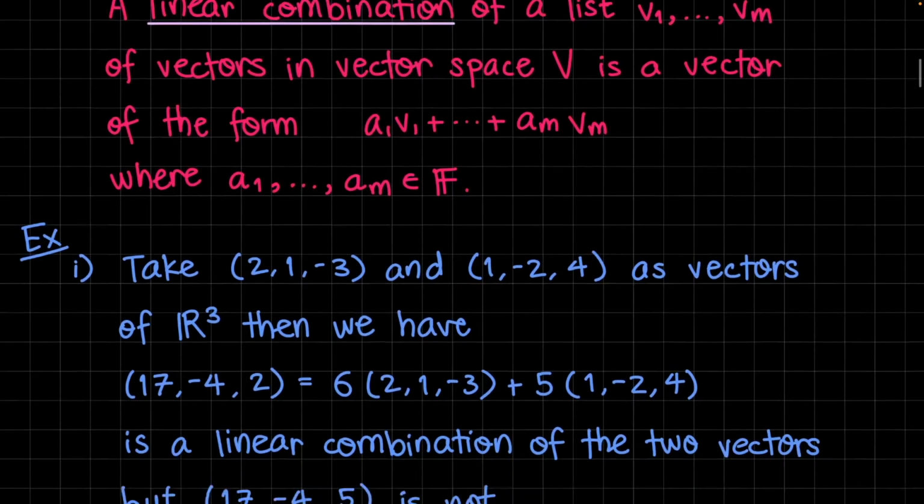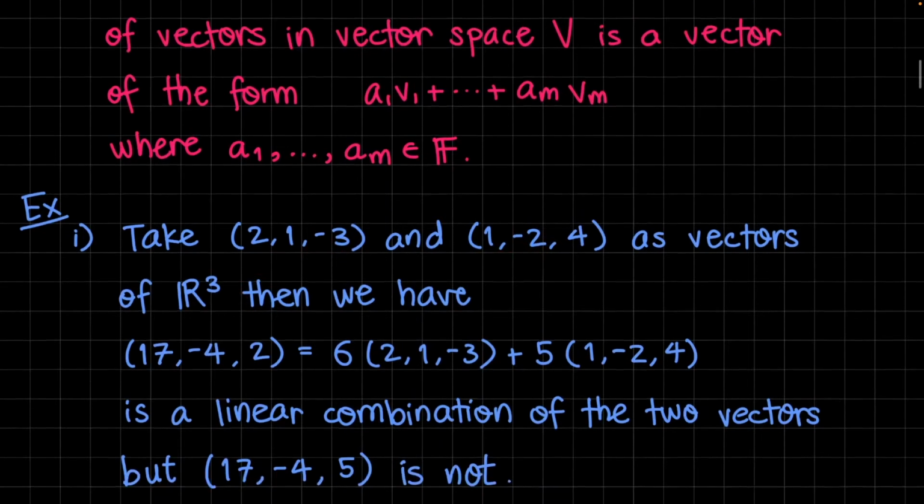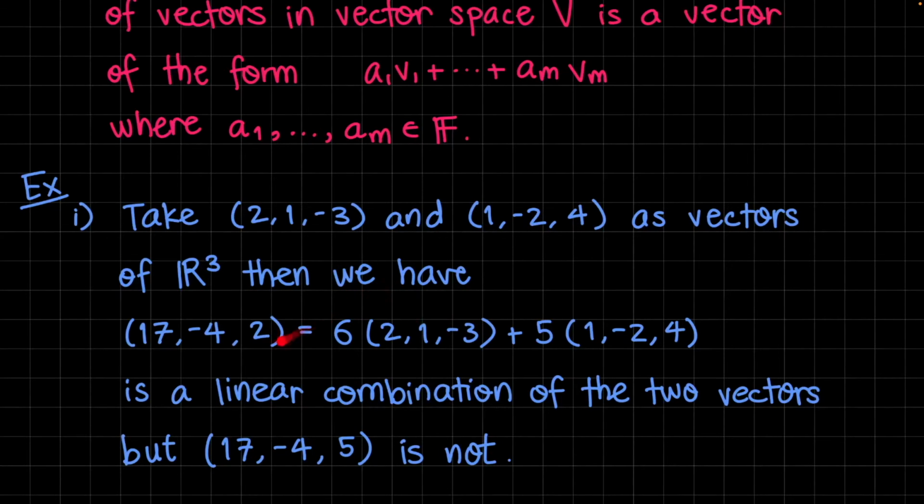So these are the two vectors in our list. We have a list of two vectors, this vector and this vector. Then we see that 17 comma minus 4 comma 2 is indeed a linear combination of the two vectors in our list, because we can take 6 times the first vector, add that with 5 times the second vector.